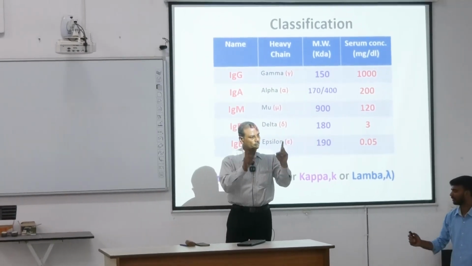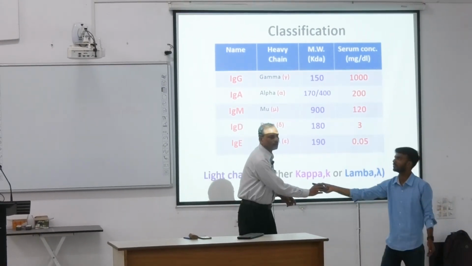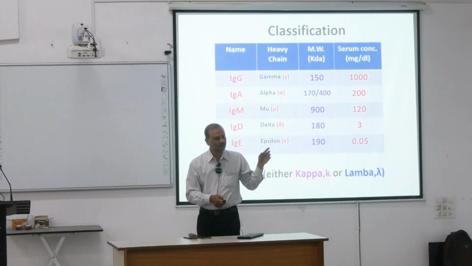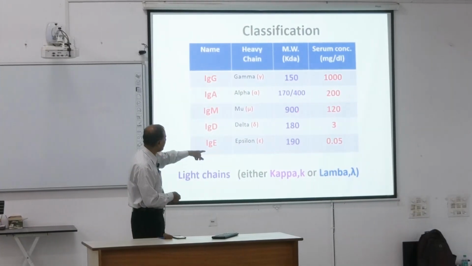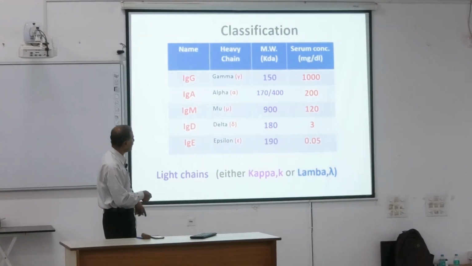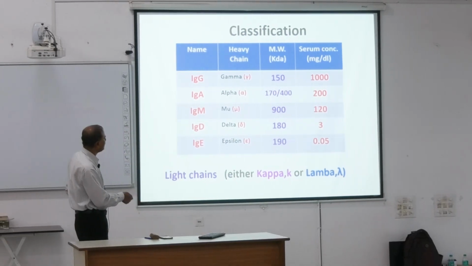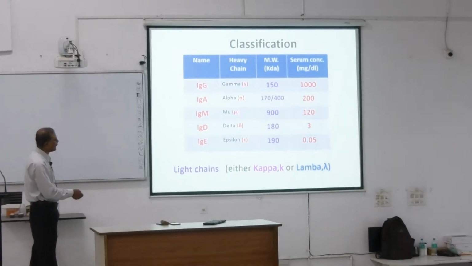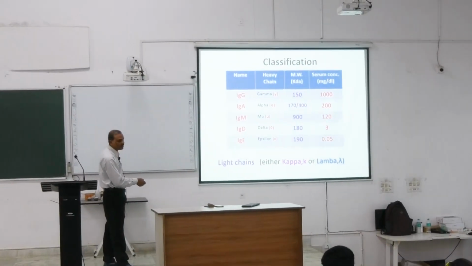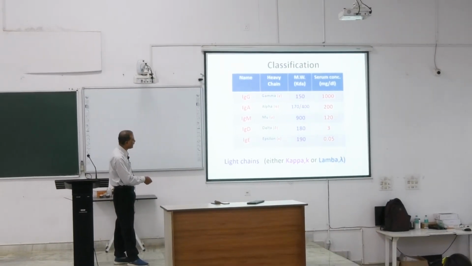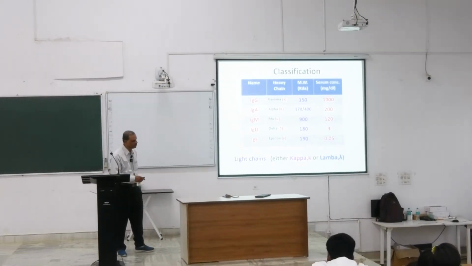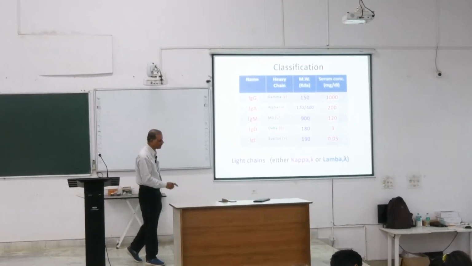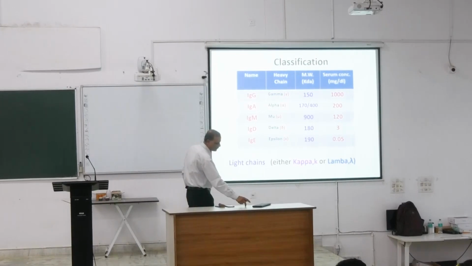That means 5 monomeric units are linked together with a J chain. That's why the molecular weight is 900. And IgD is again a monomer. IgE is a monomer, and its concentration is the least because this is allergy. So the light chain, you must remember, will be either lambda or kappa, not a mixture of the two.